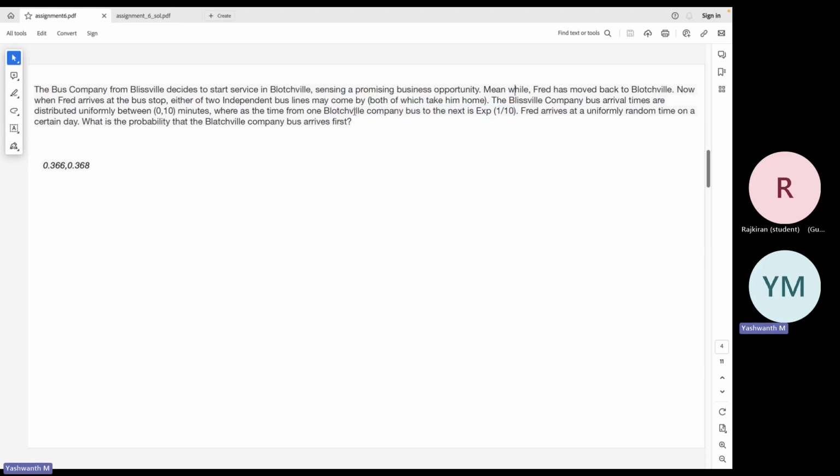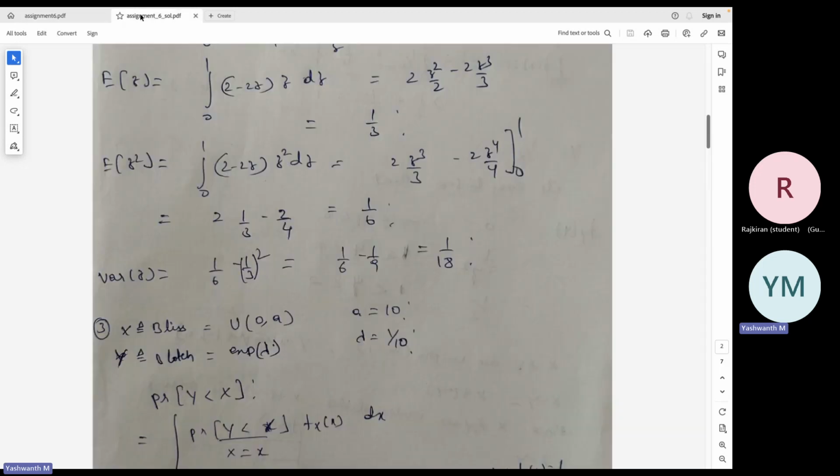And Blissville company arrival is distributed uniformly from 0 to 10. So what is asked is that the Bloshville bus arrives first. So what is the probability that this random variable is less than this random variable? We have seen a lot of this variation in our previous session.